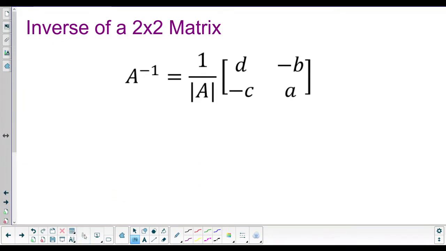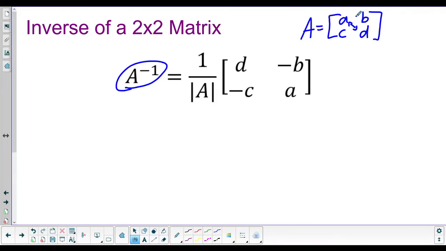So our formula to find the inverse of A is going to be 1 over the determinant of A times this new matrix. So A is usually a, b, c, d. The way you get this new matrix is you trade A and D, you switch their spots, and then B and C get negatives put in front of them.